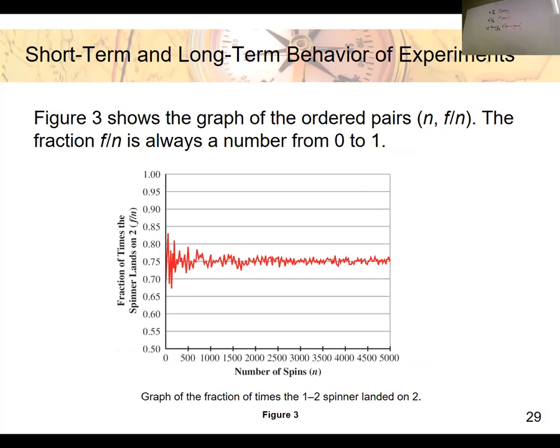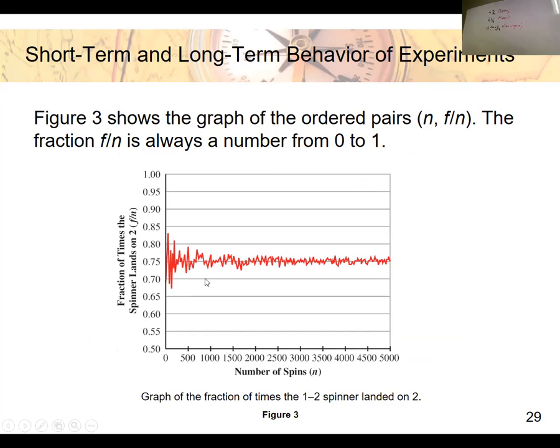Okay. Now in this figure, of course, the fraction F over N would always be a number from 0 to 1. So this is the graph of the ordered pairs, N and F divided by N. N is the number of spins, and the fraction of times that the spinner lands on 2 is the vertical axis.